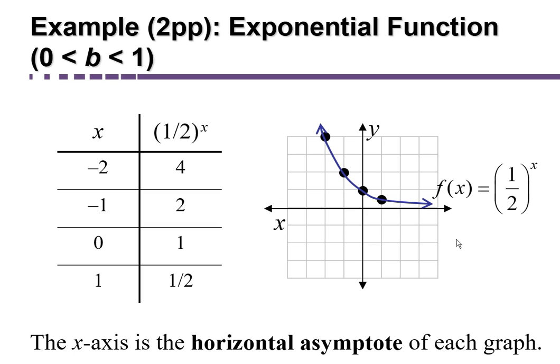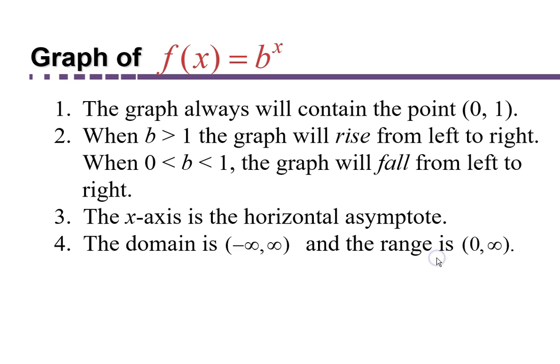The range and domain are the same. And here they're just summarizing what we've just done and giving you the domain. The domain, all real numbers. The range, starting at 0, not reaching 0, because that's an asymptote, but going to positive infinity for the y values.